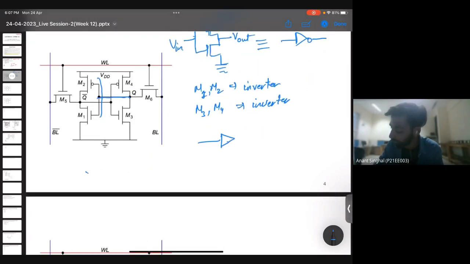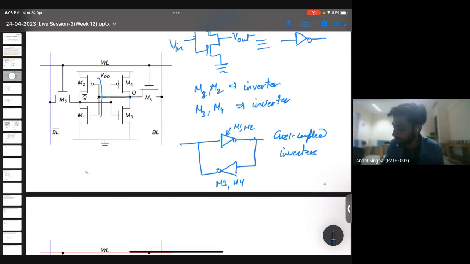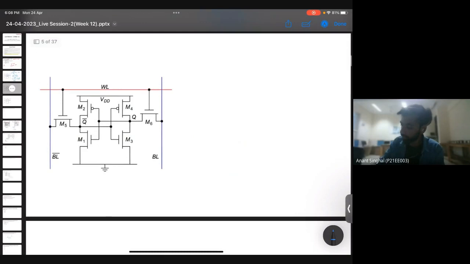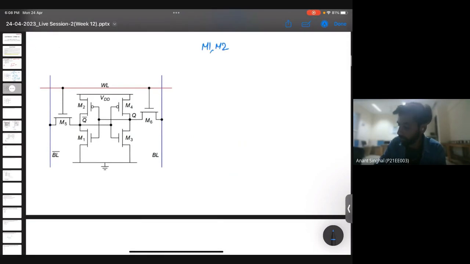If I try to make a diagram, this inverter is made by M1 and M2, and the output of this is connected to the input of M3 and M4, and the output of this is again connected to the input of this transistor. So these are the cross coupled inverters. M1, M2 and M3, M4 are cross coupled inverters.